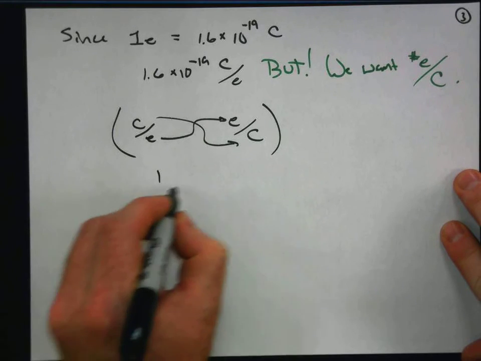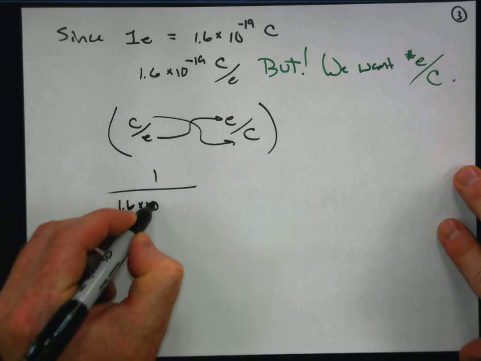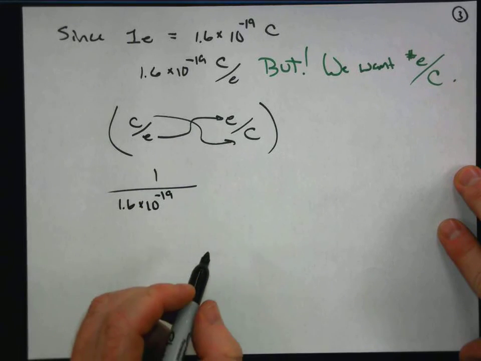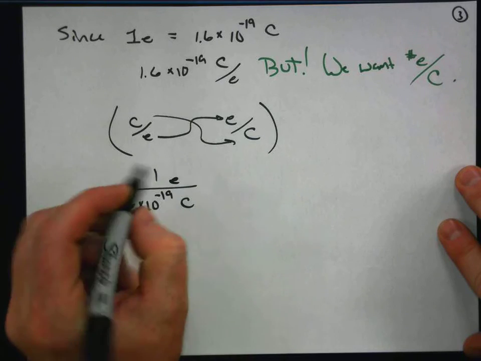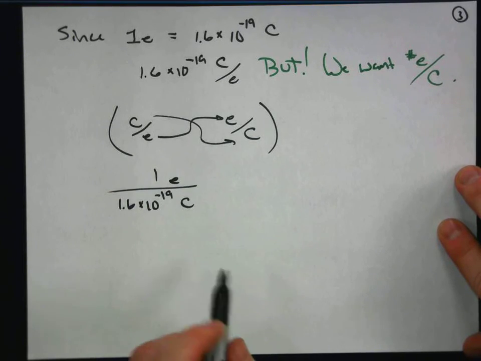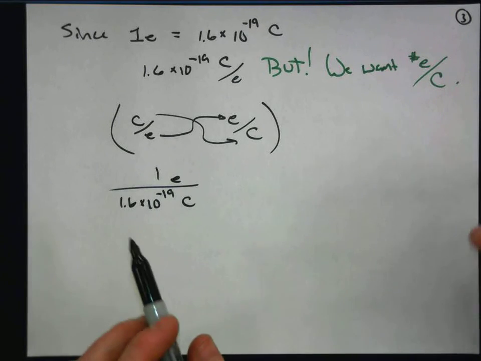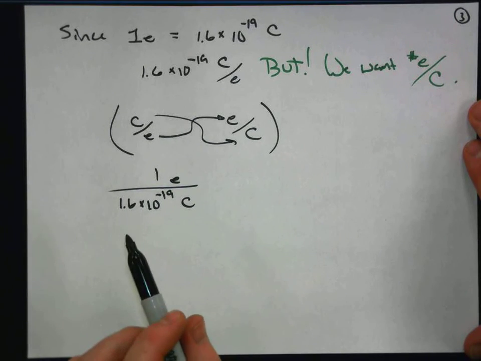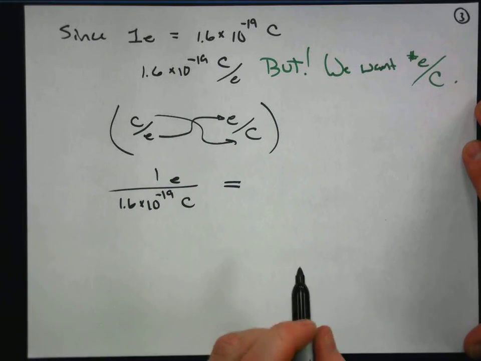So inverting something is just as easy as doing this. So 1.6 times 10 to the negative 19. And essentially, this is the number of coulombs in 1 electron. So I have flipped it, it's true, but the number itself doesn't mean a whole lot to me. What I need to do is plug this into a calculator, and my calculator will have an inverse button.